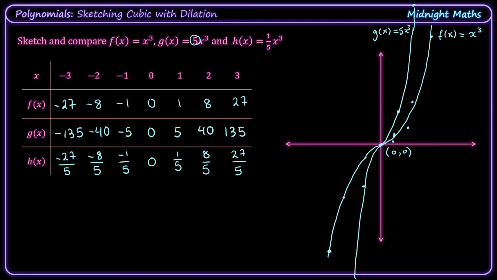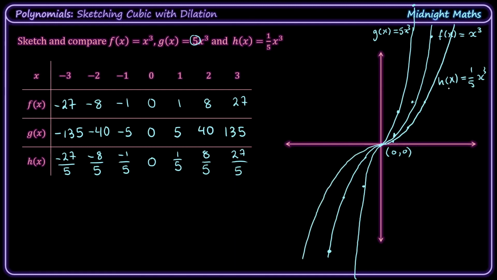And for 3, we have 27/5, which is just a little bit more than 5, so it might be just here. Now you'll see our graph looks a bit wider. This is the graph of h of x. It's a little bit wider than our original graph, with the same shape going on over here.